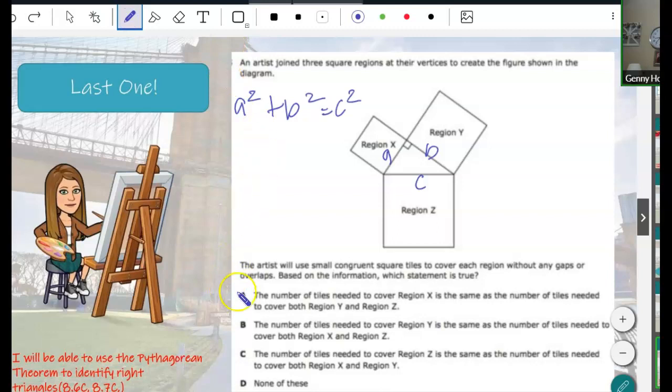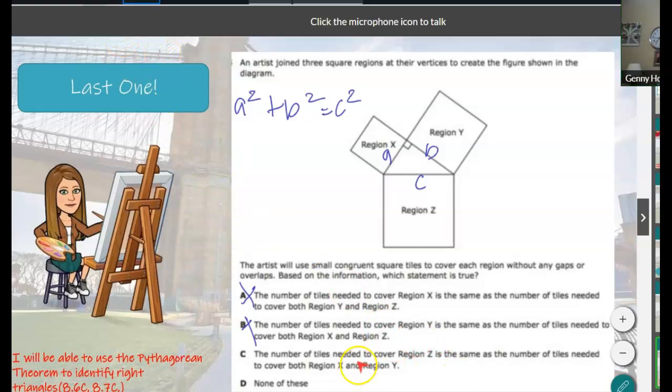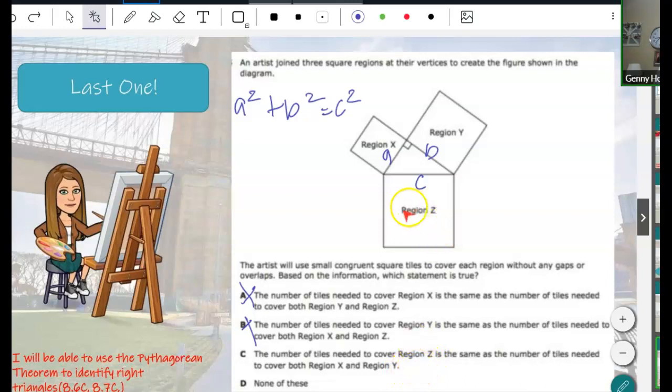So that's not A. For B, the number of tiles needed to cover region Y, this one, is the same as the number of tiles needed to cover both X and Z. Again, if you put these together, it's much larger than that one. So not B. C, the number of tiles needed to cover region Z is the same as the number of tiles needed to cover both X and Y. That one is true.